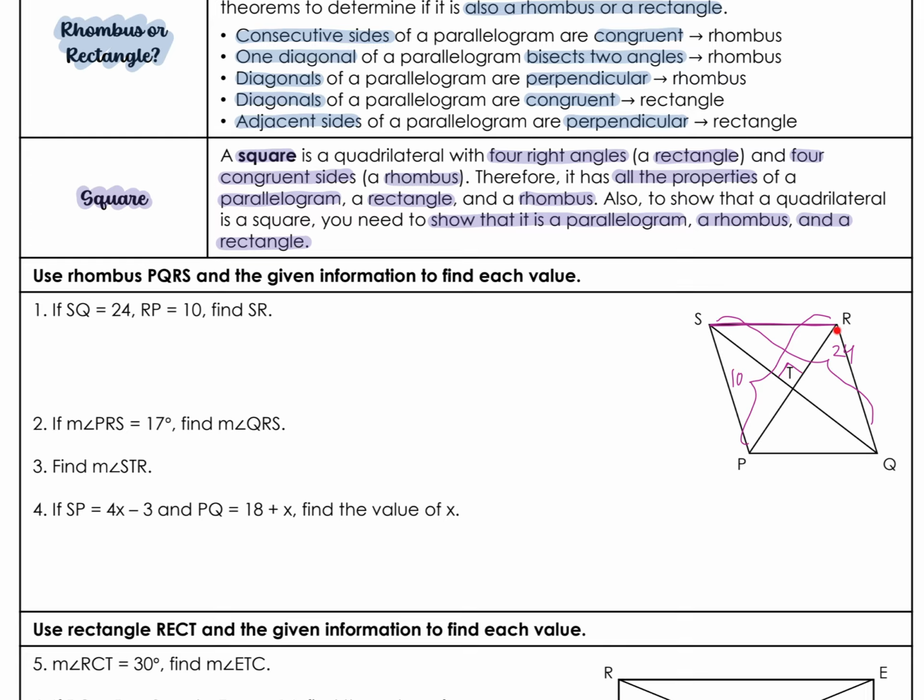Because remember, if you have a right triangle, you can always use the Pythagorean theorem to solve for a missing side length, and we only have one side length missing. Remember, the diagonals are going to bisect each other on a parallelogram, and a rhombus is just a special type of parallelogram.